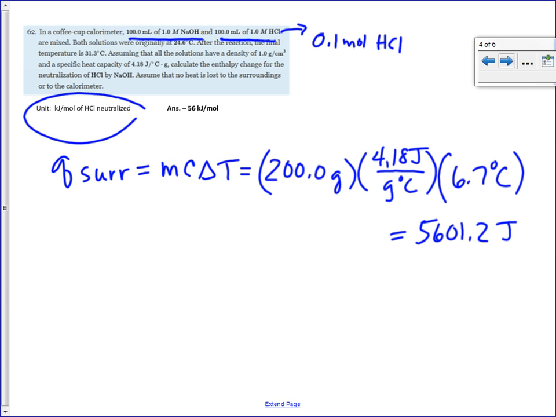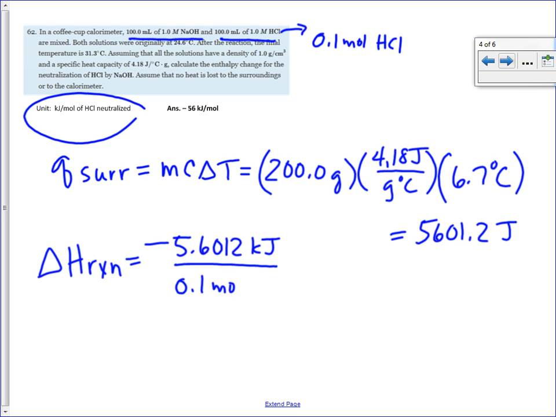But we need the change in enthalpy, the heat change for the reaction, and the units have to be kilojoules per mole of HCl reacted. So that is going to be negative 5.6012 kilojoules divided by 0.1 mole HCl.